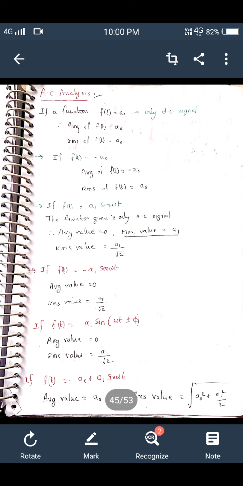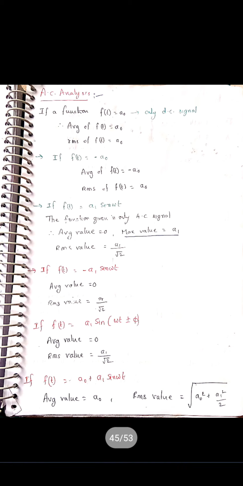Now, if a signal is given like this, f of t as A0 plus A1 into sin omega t, in this network two sources are there. One source has magnitude A0, which is independent of time, and the A1 magnitude depends on time. Then the average value is equal to A0. If I ask for the RMS value, this network has two sources with different frequencies.